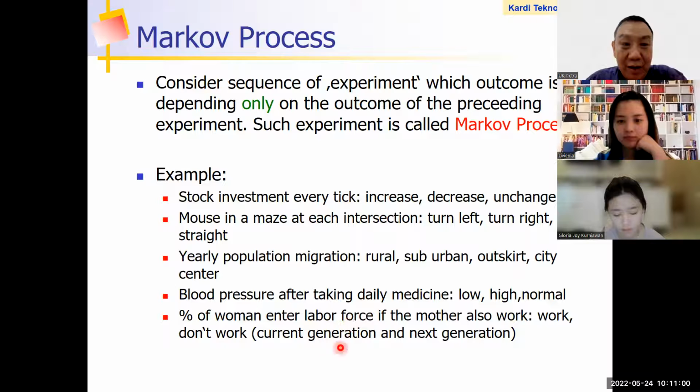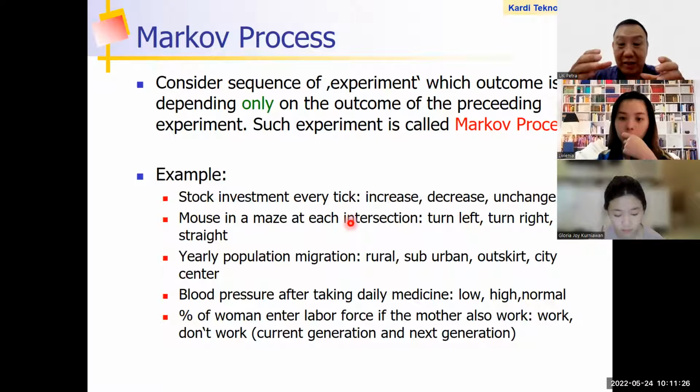Example, in the stock market, every tick, every buy and sell, the price can go up, go down, or unchanged. So you see there are 3 different discrete states. Then yes, you can use a Markov chain.